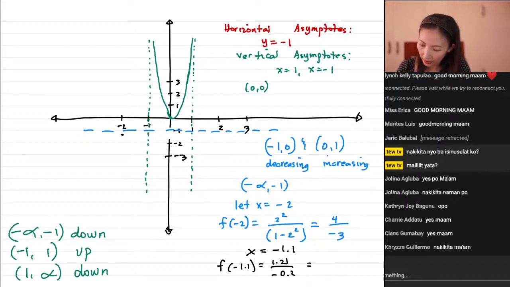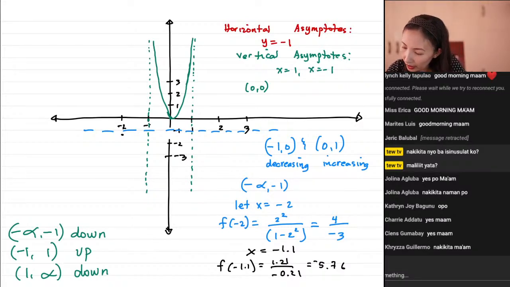Okay? And 1.21 divided by 0.21 is negative 5.76. So where is that found? Somewhere here. Negative 5.76 is somewhere here.